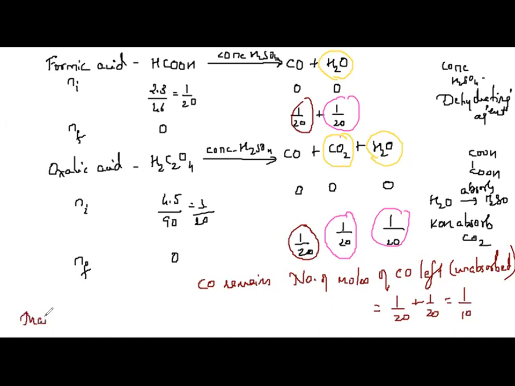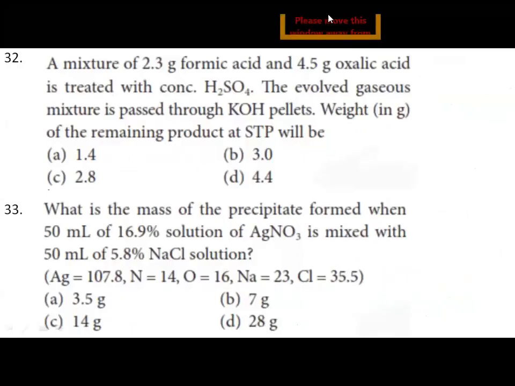Therefore, mass of CO is nothing but number of moles into molar mass. So 1 by 10 into the molar mass of carbon monoxide, carbon 12, oxygen 16, 28. So it will be 2.8 grams. So the correct option is 2.8 grams. I hope it is clear. Very simple question. So the correct option is what?